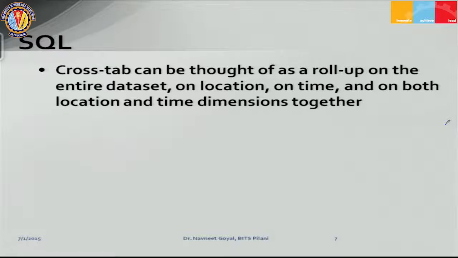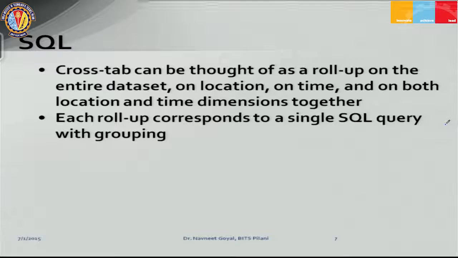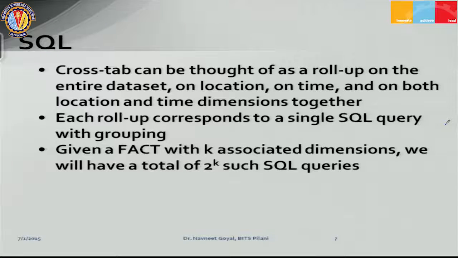Now a cross tab can be thought of as a roll up on the entire data set on location, on time, and on both location and time dimensions together. Each roll up corresponds to a single query with grouping, and given a fact that has k associated dimensions, we will have a total of 2 to the power k such queries.